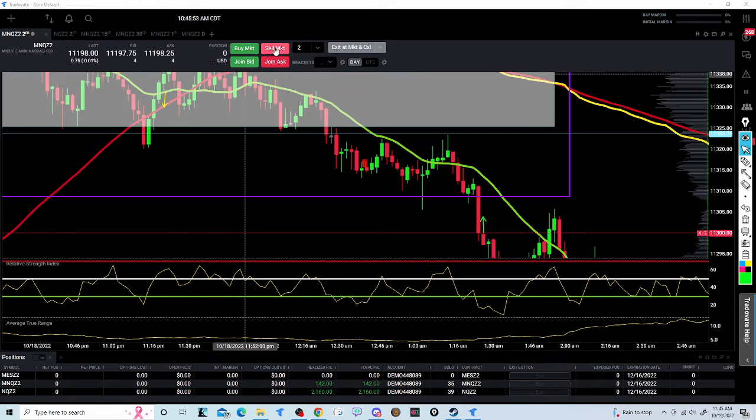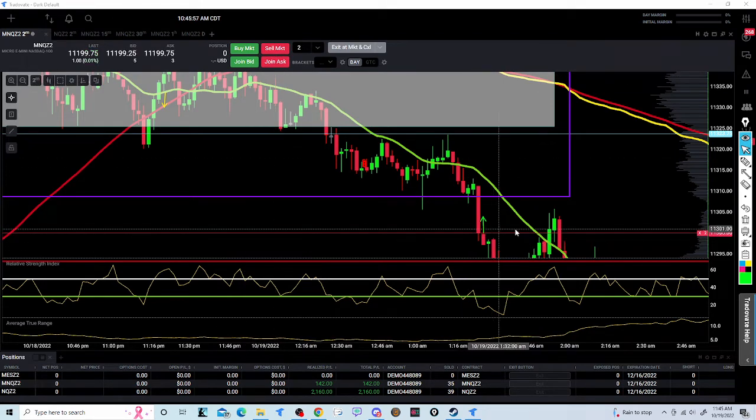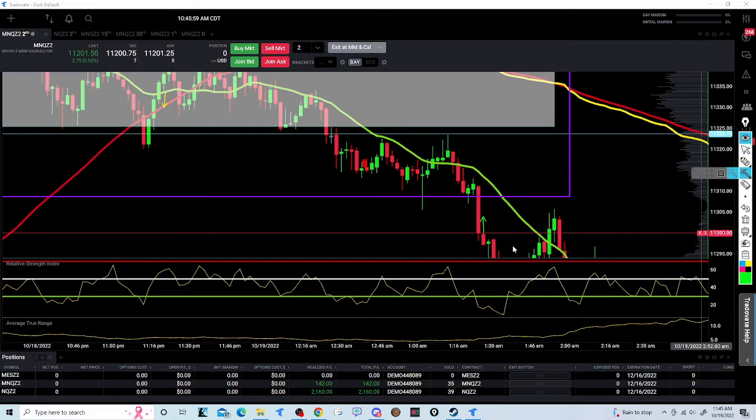Sell market, which is going to get you filled instantly. Join the ask, which means that it's going to put your order in, but if the price moves too quickly, it's not going to get filled. Okay, so you may want to just instantly sell the market. But those are choices you're going to have to make as a trader, and you'll develop those skills as you grow. Okay, so this is how you take a breakout of a range.